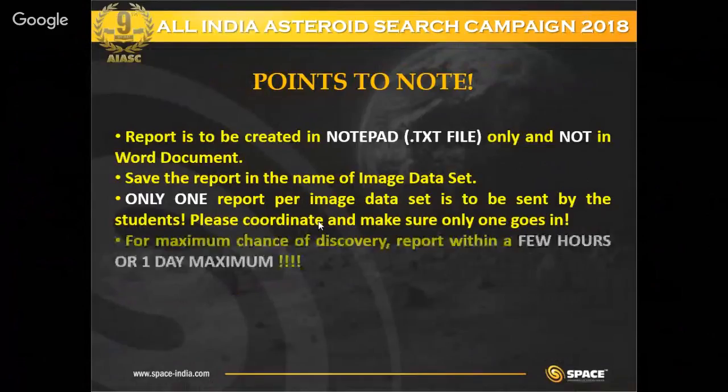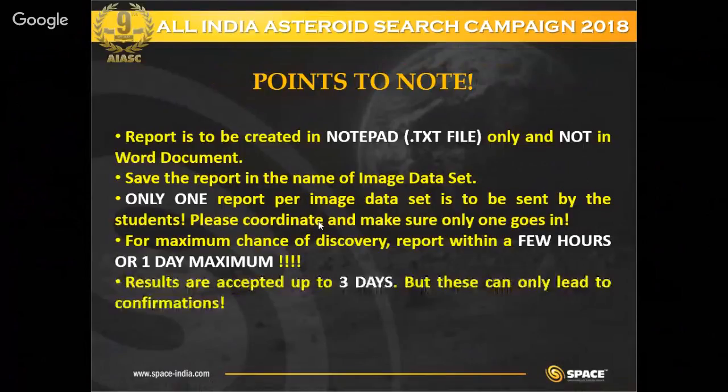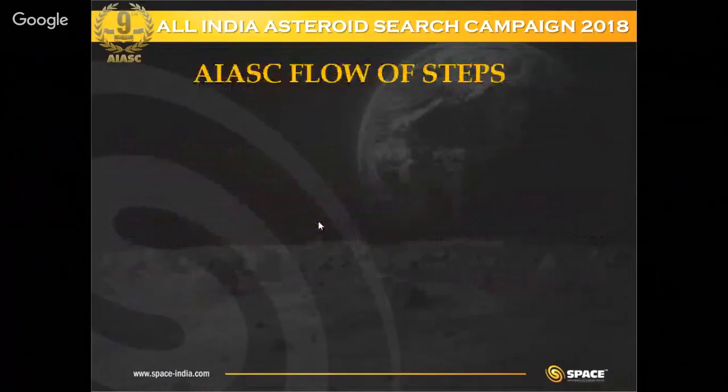For maximum chance of discovery, report within a few hours or maximum one day. So if you want to become a discoverer, you will have to report this data within a few hours after the data is uploaded in your folder. Results are accepted up to 2 days, but this can only lead to confirmation and observations, but no discoveries.